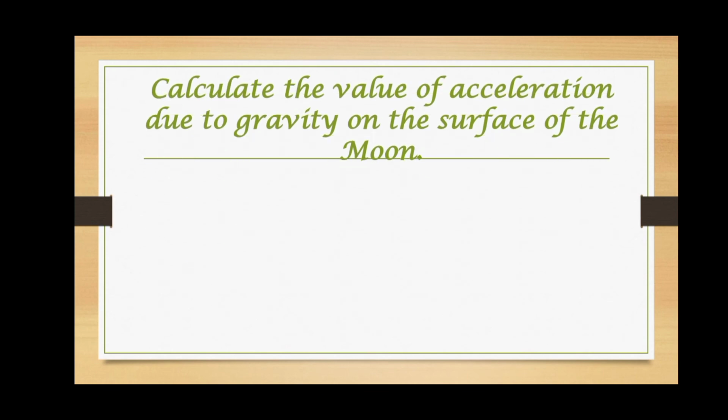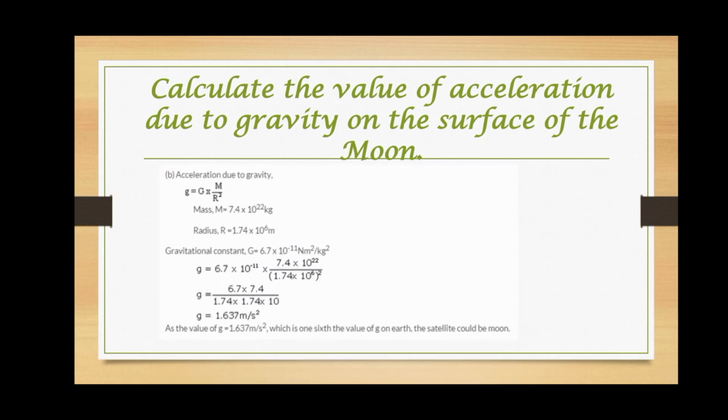Calculate the value of acceleration due to gravity on the surface of the Moon. We have the formula g is equal to G M by r square, and the mass of the Moon is 7.4 into 10 raised to 22 kilogram. The radius of the Moon is equal to 1740 kilometers.